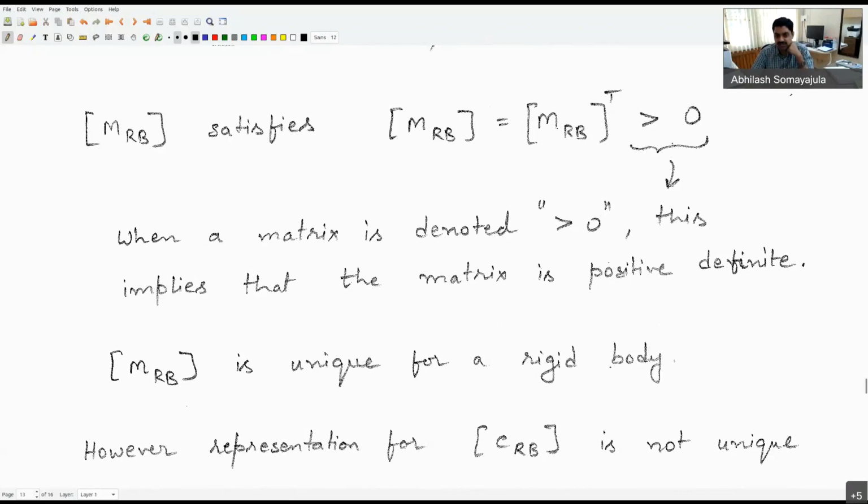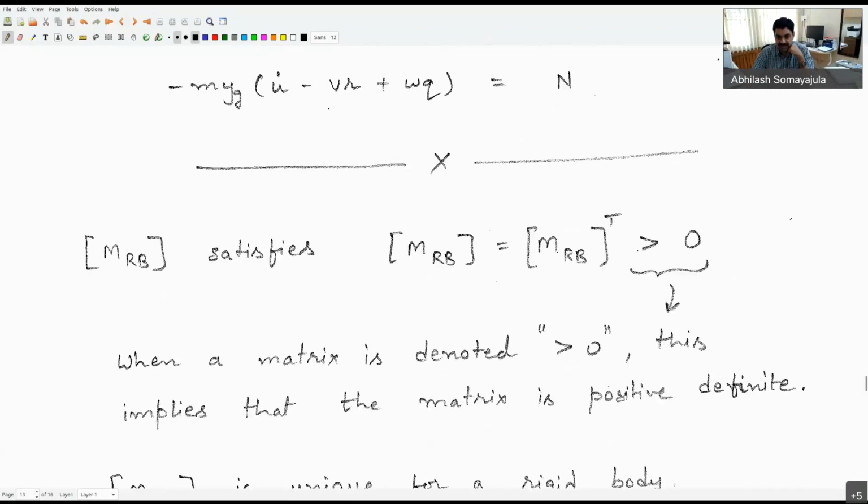So when I say greater than 0, what I mean is that the matrix is positive definite, which means that if I take any arbitrary real vector x of size n cross 1 and I multiply it with the mass matrix, x transpose M_B x, this will be a greater than 0 value for any arbitrarily chosen x.